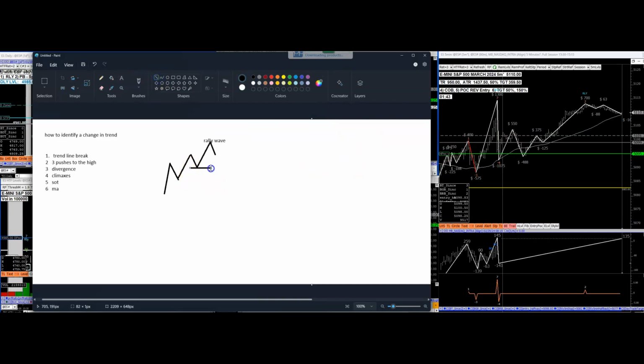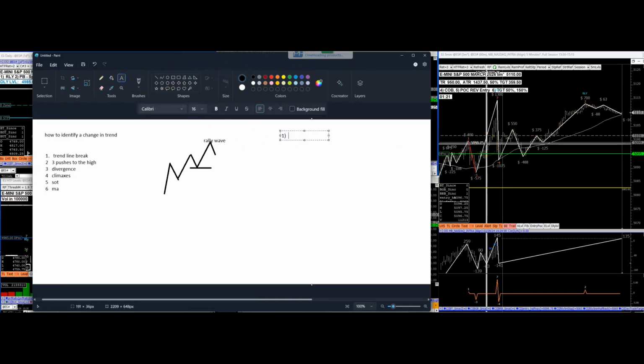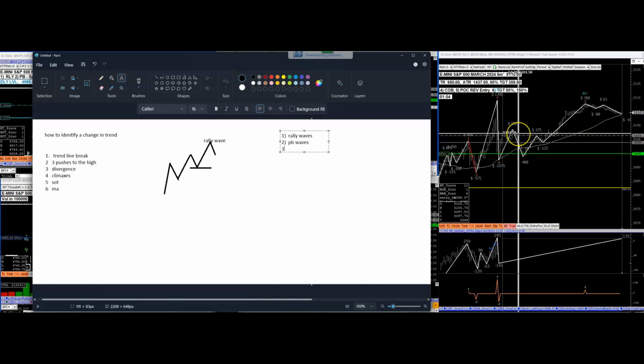There are three types of waves. When you put on a wave chart, all the zigzags, you basically classify waves. The most important are the rally waves. Second, you have the pullback waves. Rally waves and pullback waves are impulse and corrective waves. So just make it simple: rally wave, pullback wave.